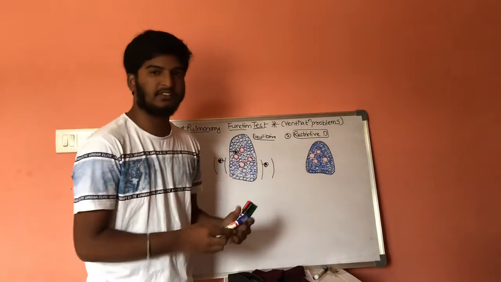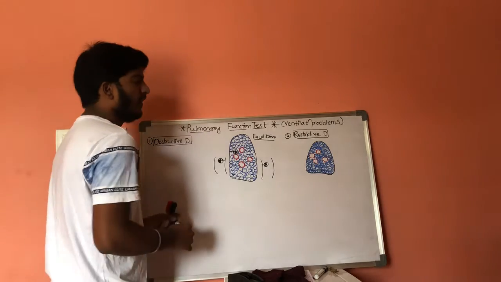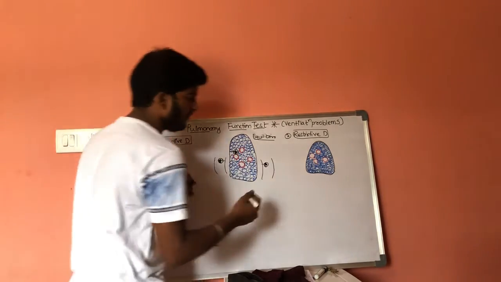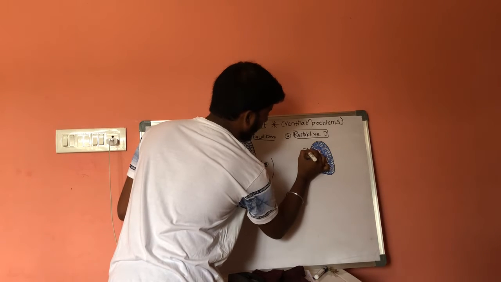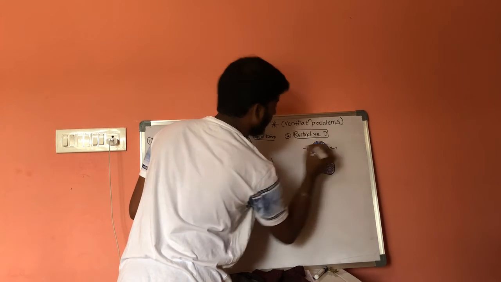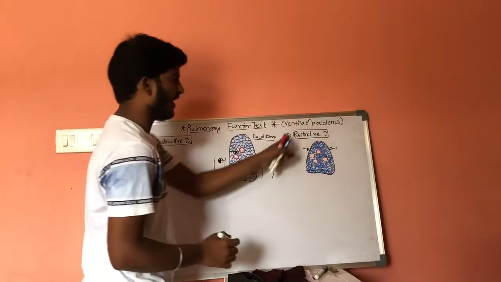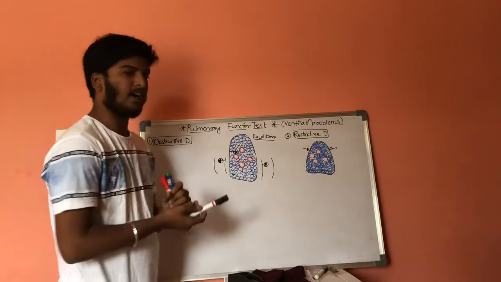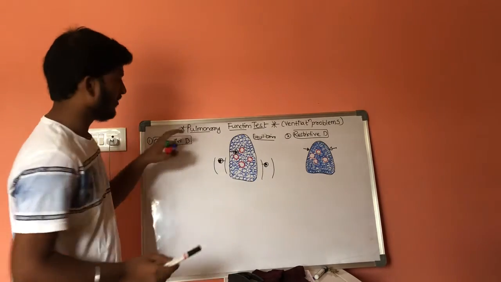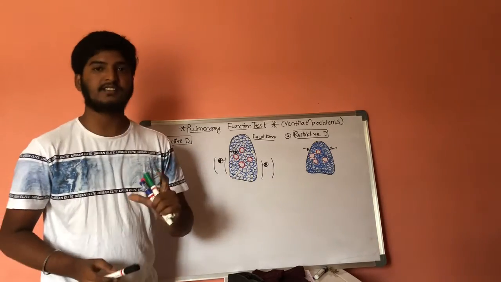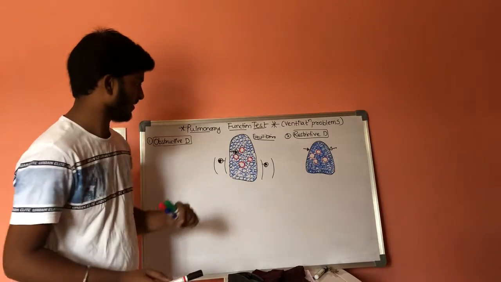This is about restrictive disorders, and here there will be more action of the wall of the lungs. As a result, there will be a decrease in the size of the lungs. And if we discuss obstructive disorders, before that, let us discuss what conditions result in obstructive disorders.